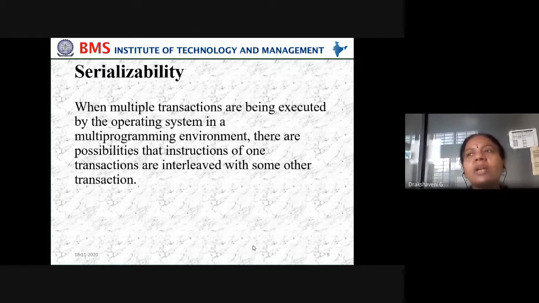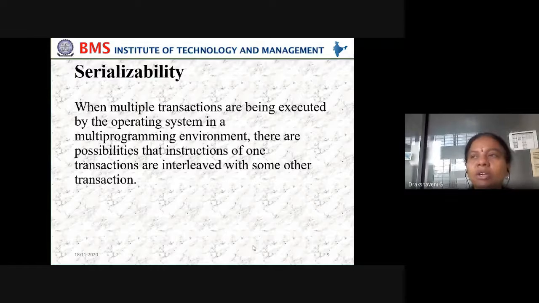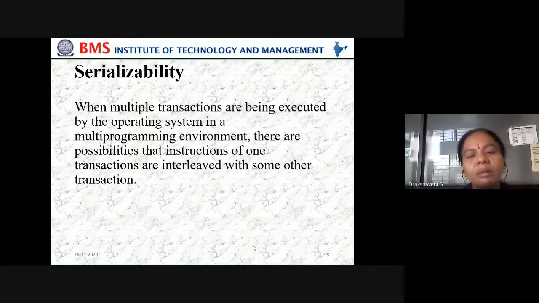Because we want it to be accurate, we should see that no students interfere with each other, so only 10 people are called for one batch. That is what multi-programming is. Again, among 10 students, some of you may execute the same program, so the instructions of one transaction are interleaved with some other transaction.